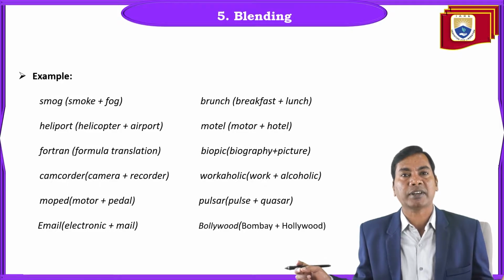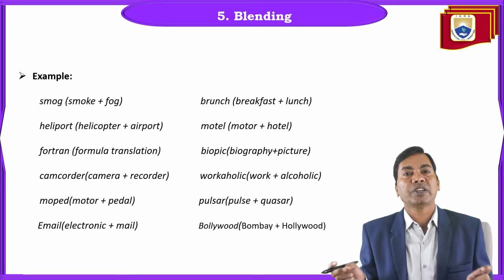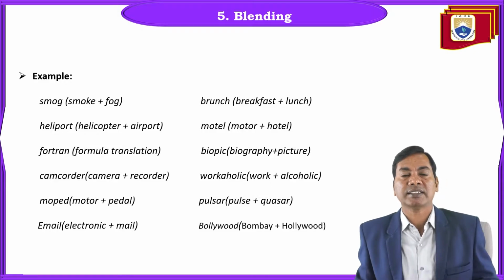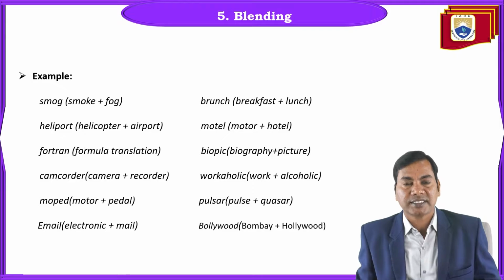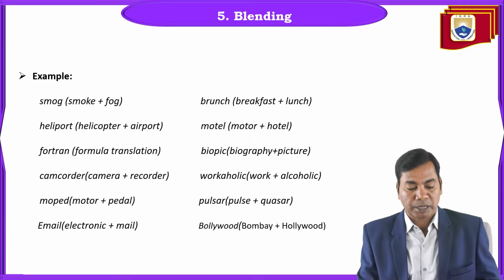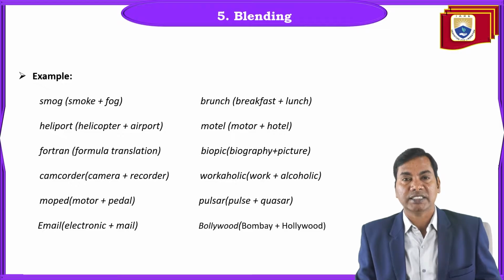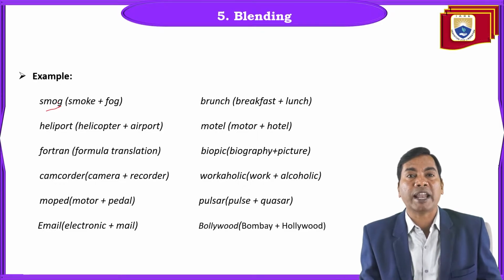This beginning part and the ending part will be joined together to form a new word. You can understand the process of blending with the examples mentioned here. So smoke, S-M-O-G-E. If you look at this word, it has come from the process of blending.